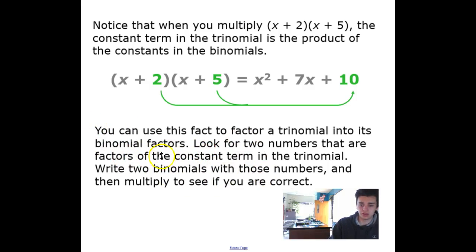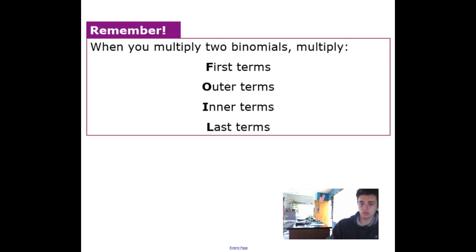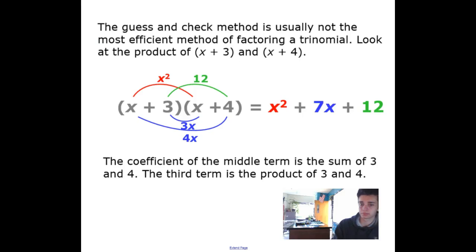Look for the two numbers that are factors of the constant term of the trinomial. Write two binomials with those numbers and multiply them together to check if you are correct. So again, FOIL: first, outer, inner, last. The book tells you to try a guess and check method. I would definitely not recommend guess and check.